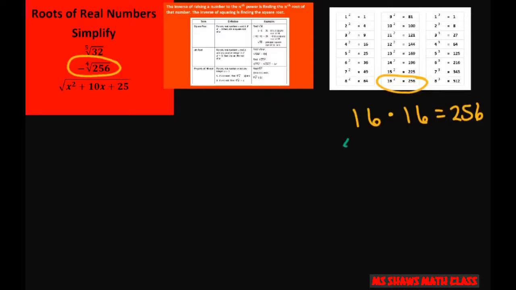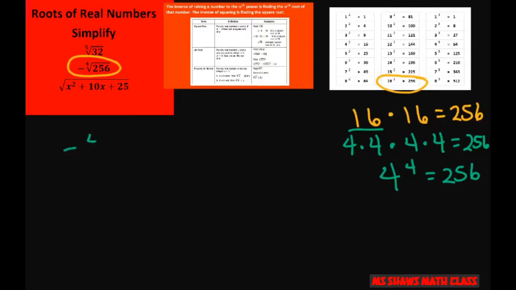Therefore, I could say, well, 4 times 4 for 16, and then 4 times 4, that also equals 256. So I know 4 to the fourth equals 256. So I'm going to rewrite this 256 as 4 to the fourth power. Now, when you take that, that's just going to be -4.